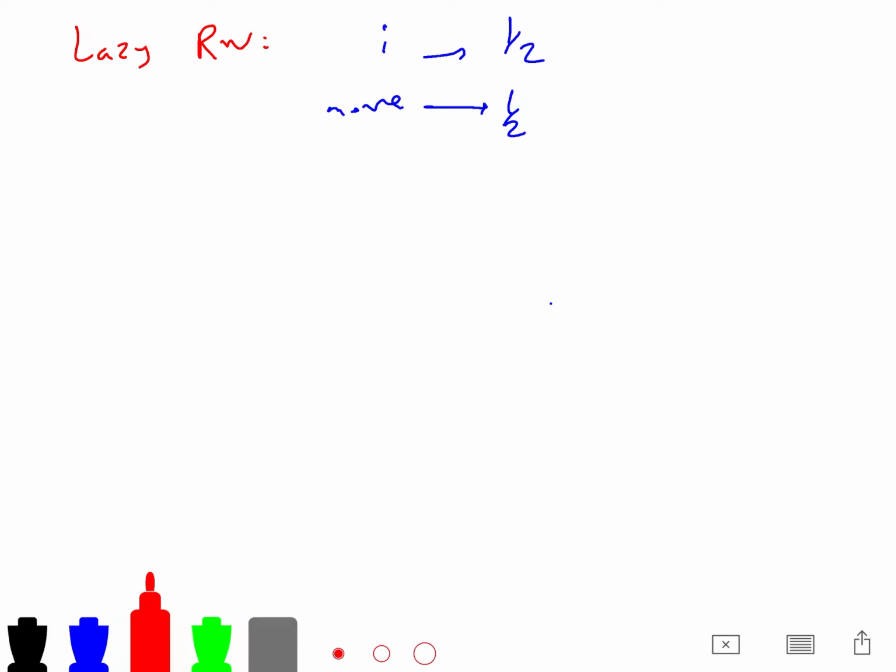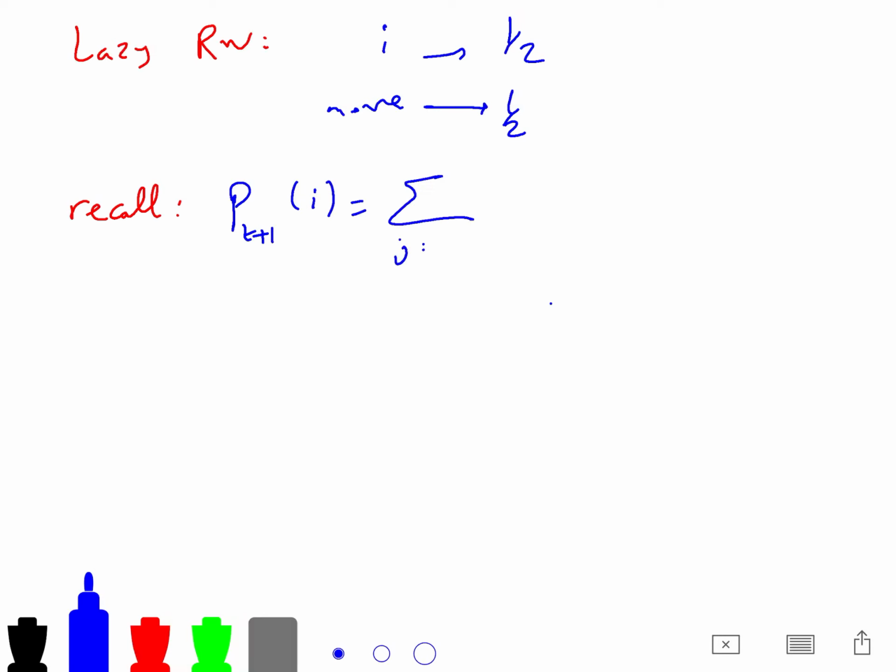I'm just recalling that p_{t+1} of i is the sum over all j, where ij is an edge, of p_t of j times 1 over d of j.